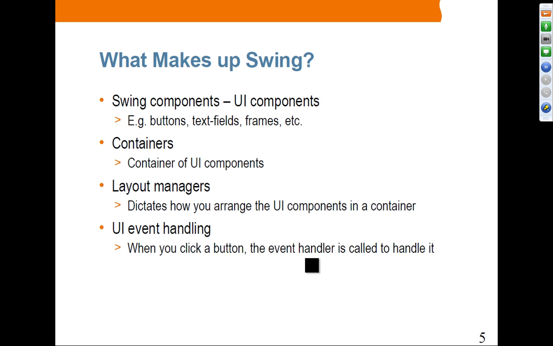And then we have event handling. If a user clicks a button, or if a user enters some text and things like that, there has to be some event handler that captures that event and does something about it. Every UI component can have an event handler associated with it.